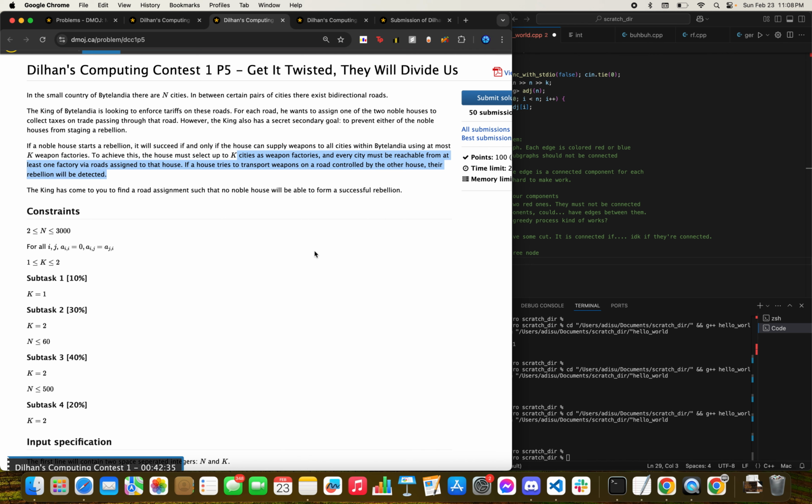No monochromatic spanning tree. If that even helps.